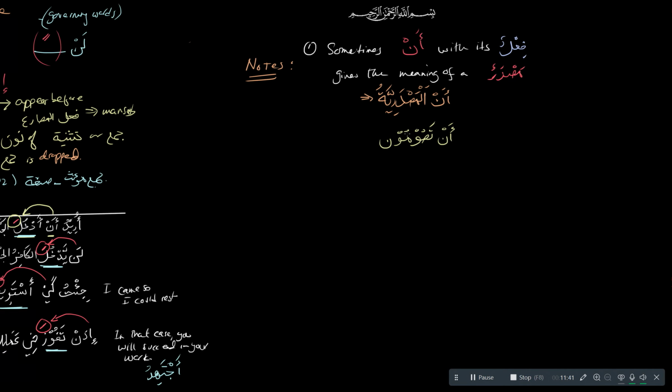Since this an would make it mansub, this noon of jamma would be dropped. It was tasumuna, but the noon is dropped because it's mansub. So it's an tasumu like this, with an alif. An tasumu khairul lakum. So your fasting is better for you.